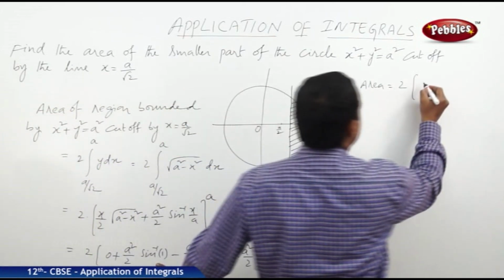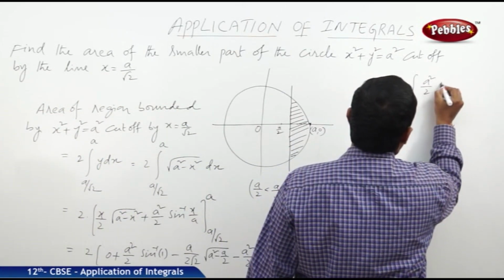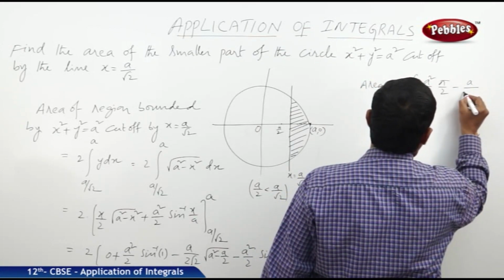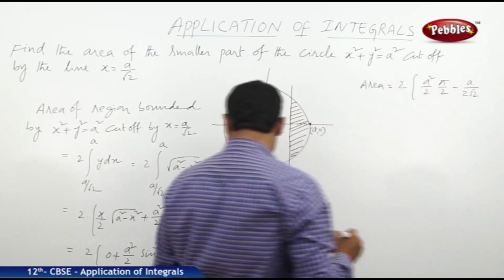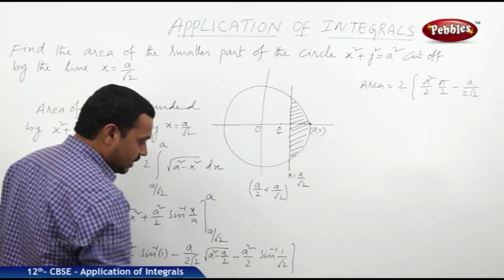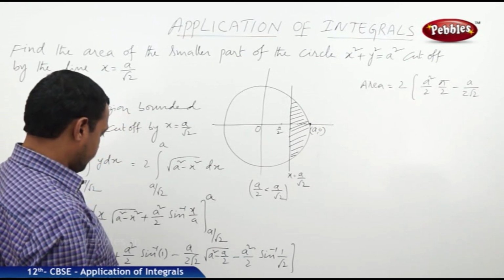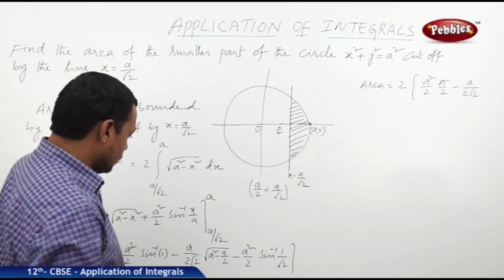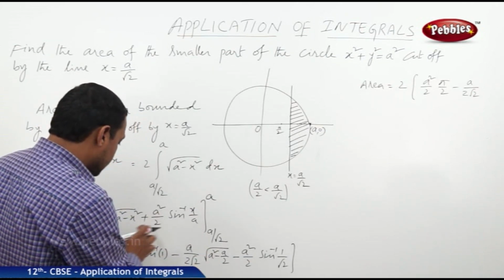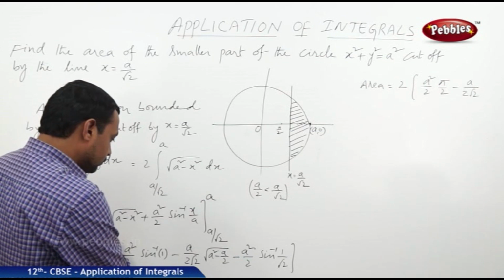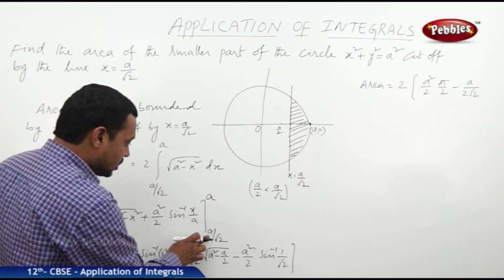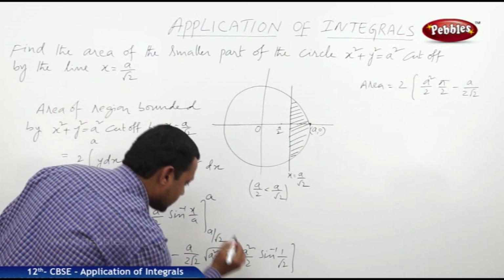So it is a square by 2 into pi by 2 minus a by 2 root 2 into, when we take LCM here, it is 2a square minus, when we substitute the lower limit, it is a by 2 root 2 into root of a square minus x square, where x square is a by root 2 whole square, so that it is a square.